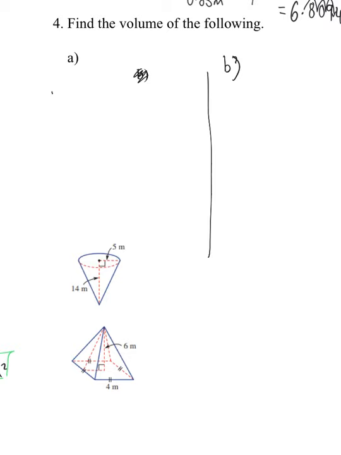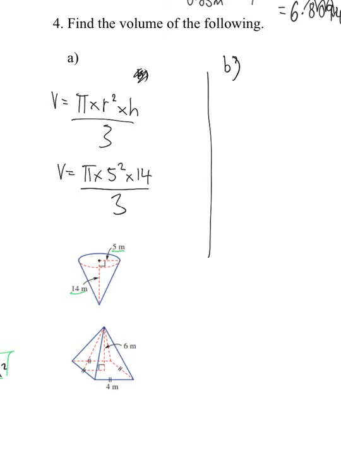To find the volume of a cone, it's pi times our radius squared times our height on 3. Cool, so that volume equals, and I think we've got all our information. We've got the radius of 5 here, and we've got our height of 14. So we don't have to do anything. We can just put it straight in. So pi times 5 squared times 14 all on 3 will get us our volume.